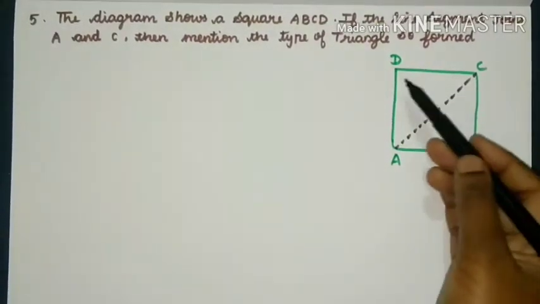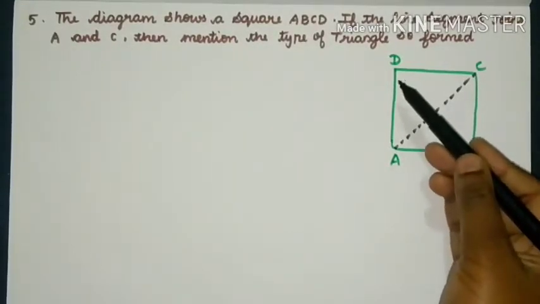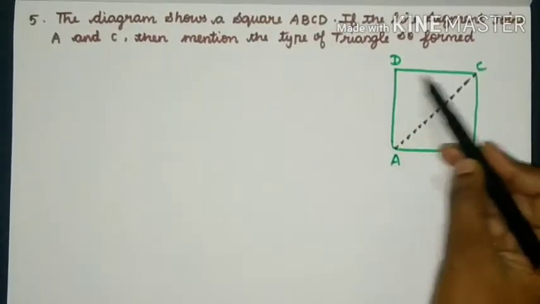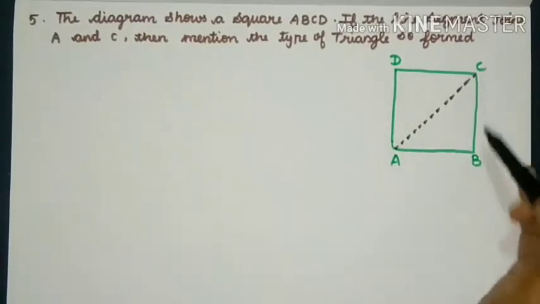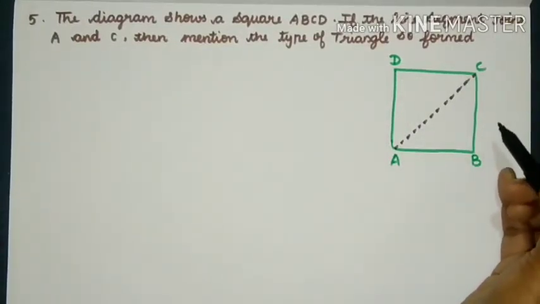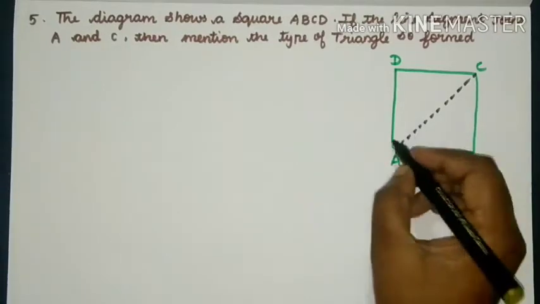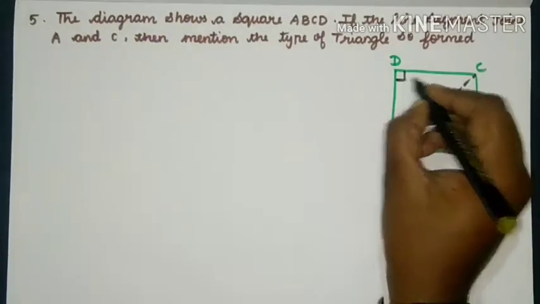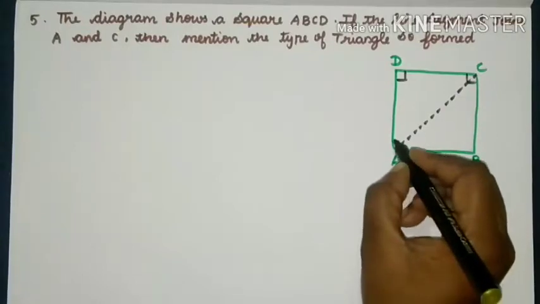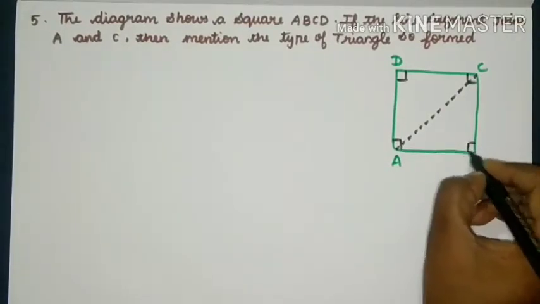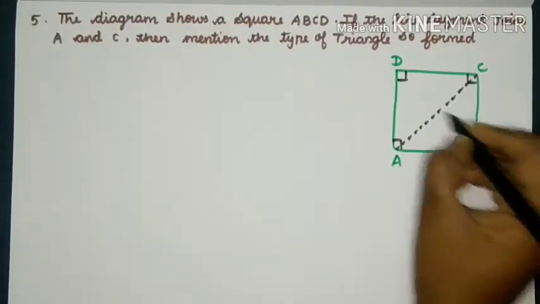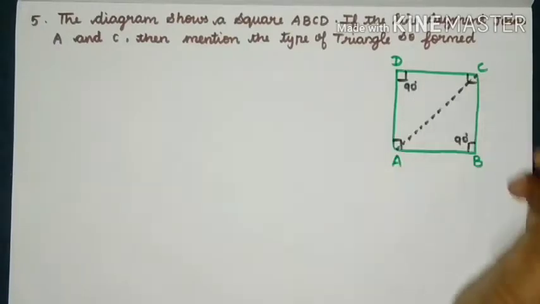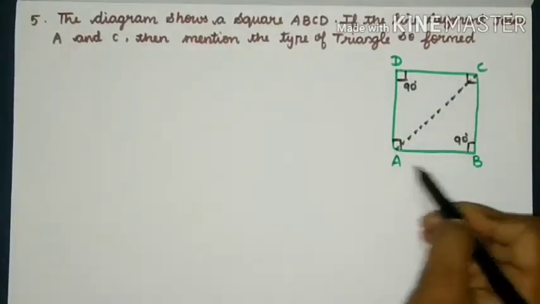Students, for a square, all the sides are equal. As we already know, a square has 4 equal sides and also the angles are 90 degrees.